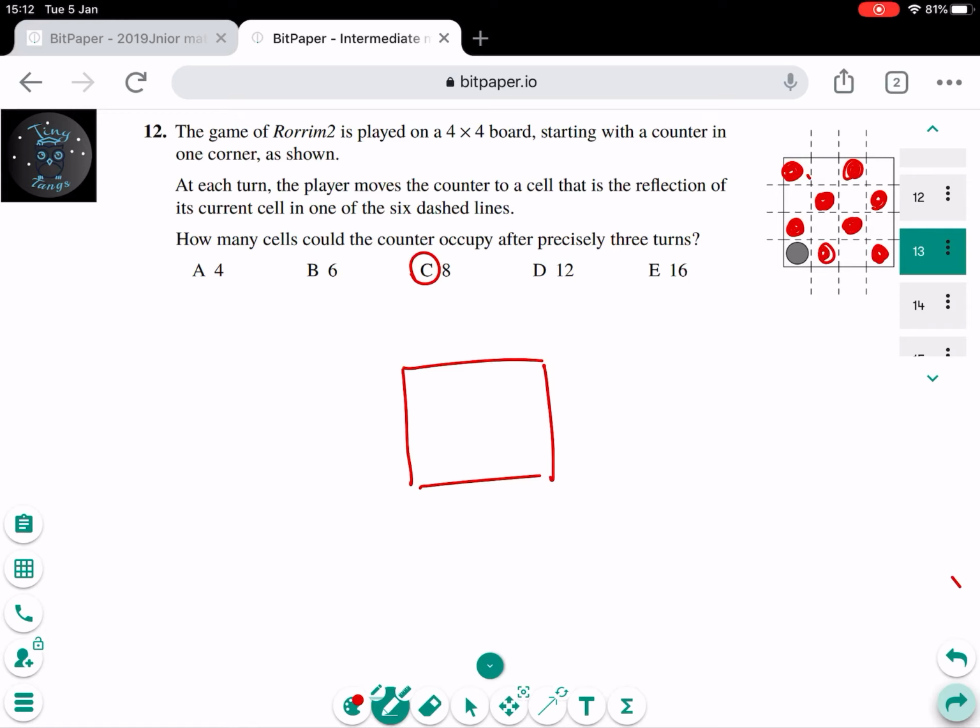But if it was an even number of turns, it would be the opposite of that. It would be like this, or something like this at least. Something like this grid.